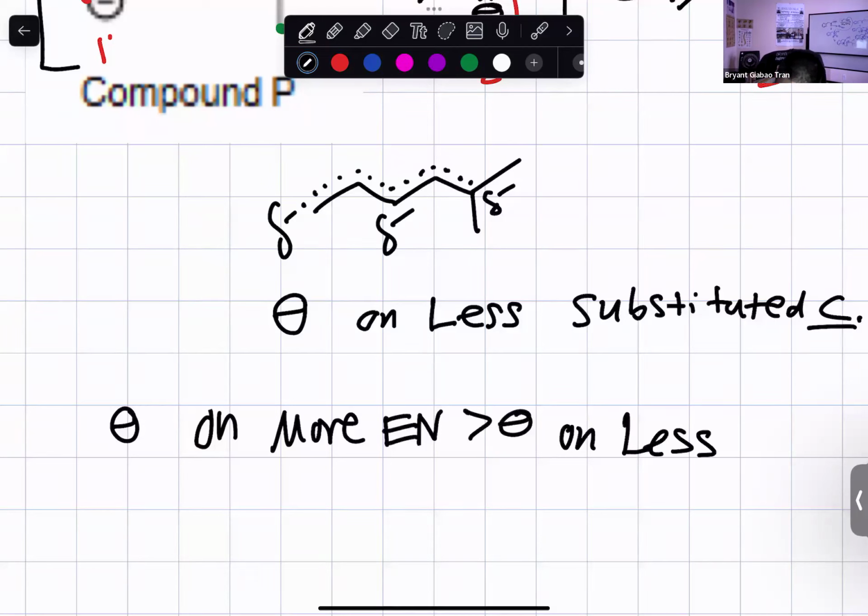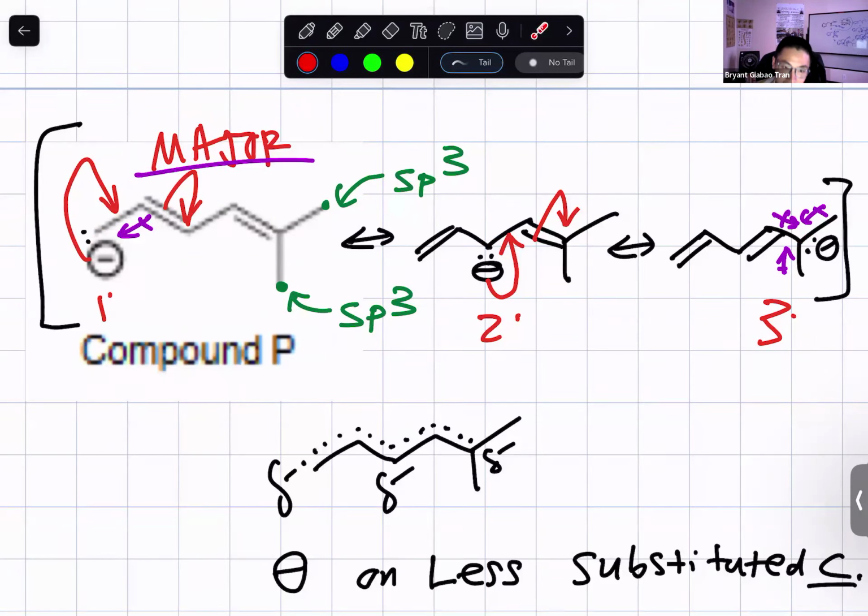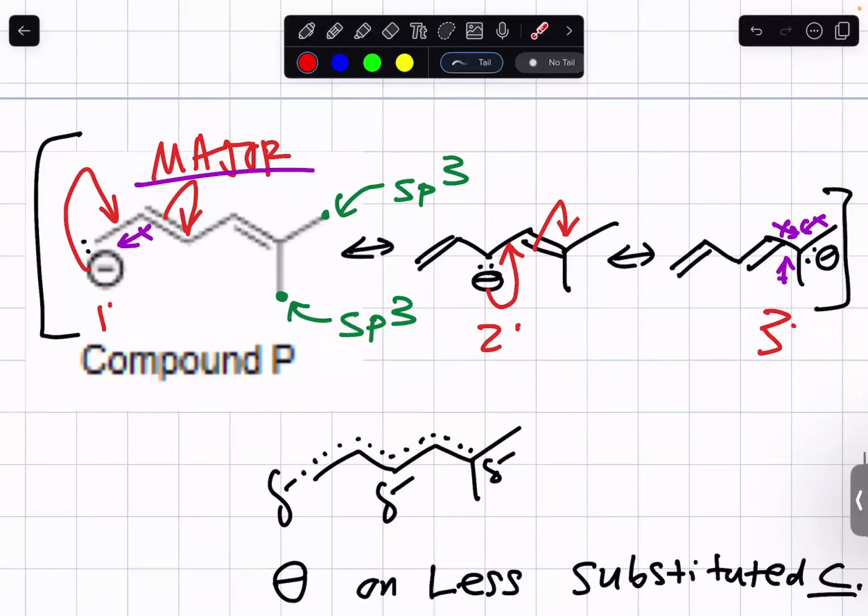It's going to be major. But notice how in this resonance structure here, all of the negative charges are on the same atom. They're on carbon. So the electronegativity is the same for all of these resonance structures. Okay. And since they're all the same, we have to look at the electron repulsion, the inductive effect, because they're inductively donating electrons, like these hydrocarbon groups here, R groups here.